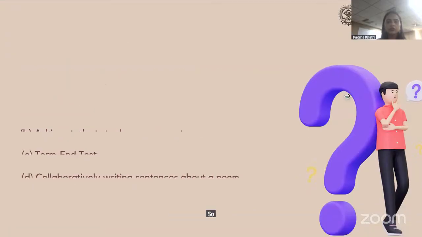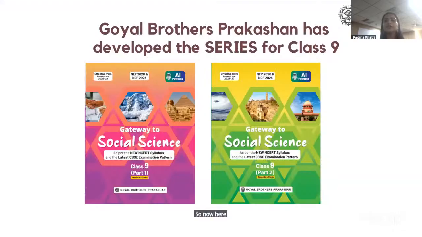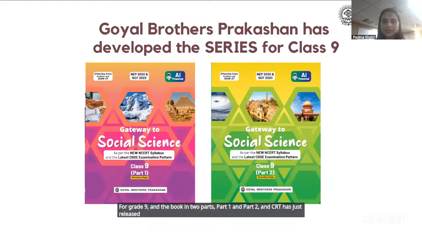So now here, as we have discussed about the NCERT syllabus for grade 9 and the book in two parts, part 1 and part 2, NCERT has just released their syllabus based on themes and concepts and curricular goals and competencies.